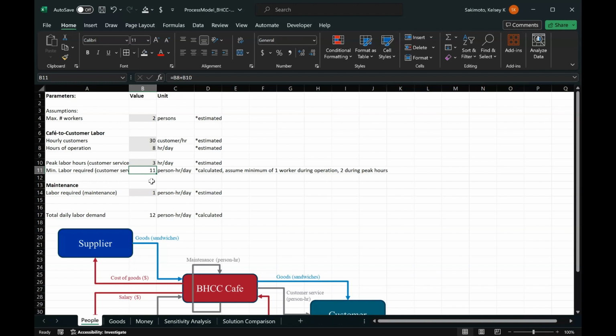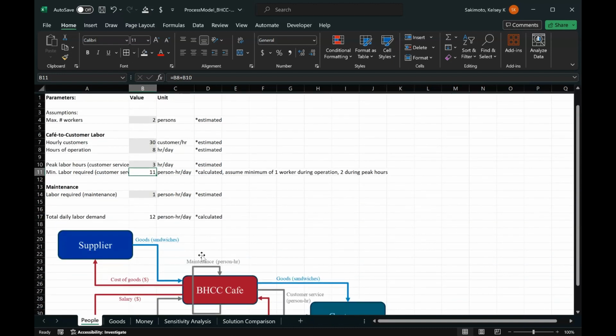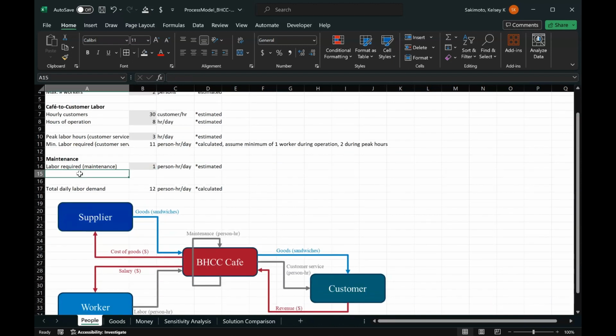I may also make an estimate of this internal loop that says the number of maintenance hours is about 1 hour per day. And so my total labor demand, going here from the worker to the cafe, should be exactly the total labor required by maintenance and the total labor required by customer service.